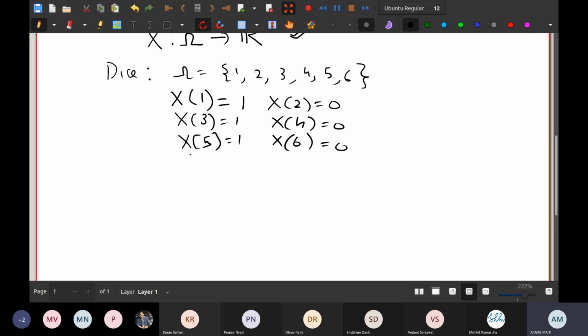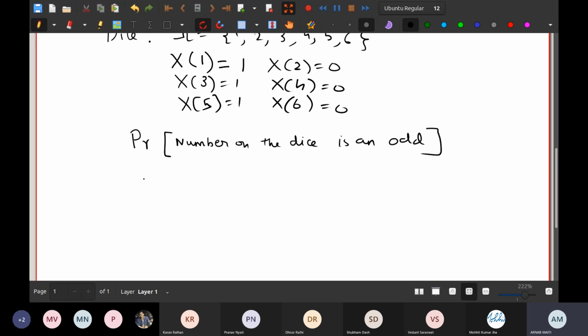So why do we introduce this? It's a little bit convenient. When we ask what is the probability that the number on the dice is an odd number, while explaining it's fine to say probability of so and so event, but we want to write it concisely in mathematical ways.